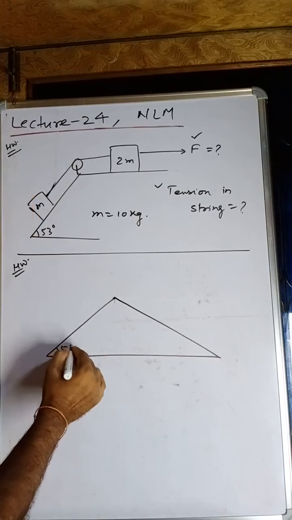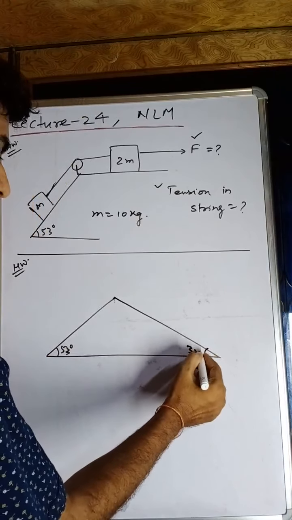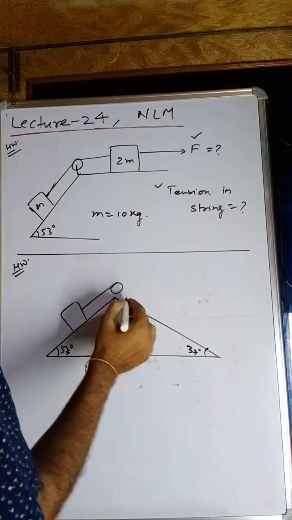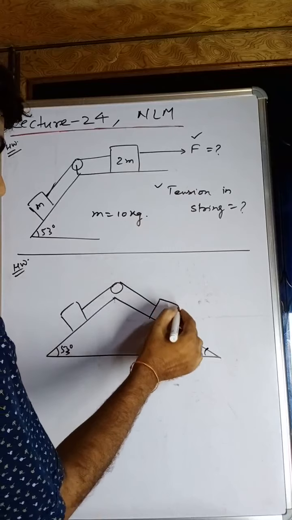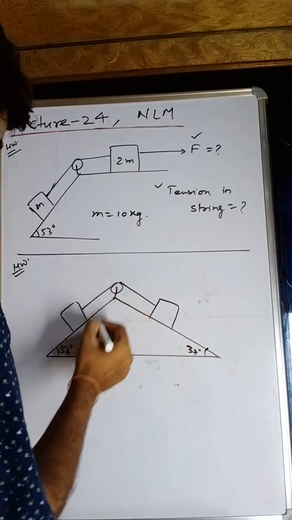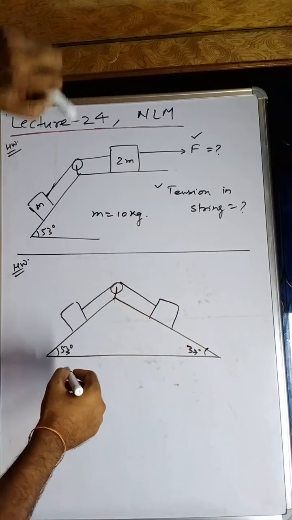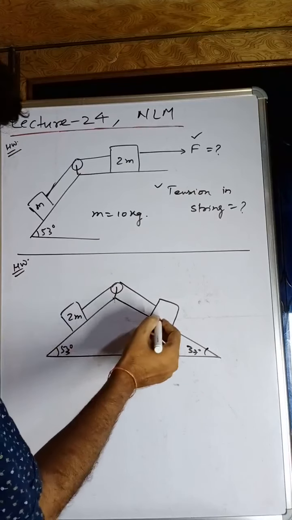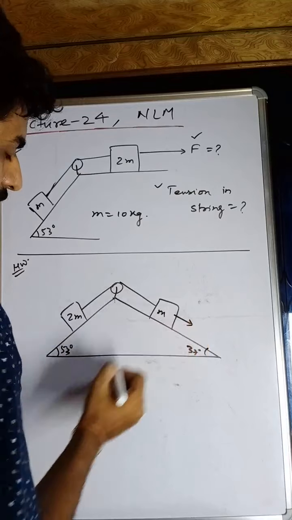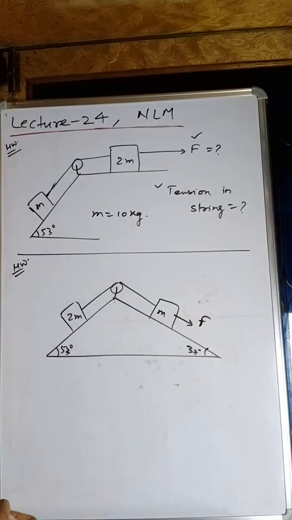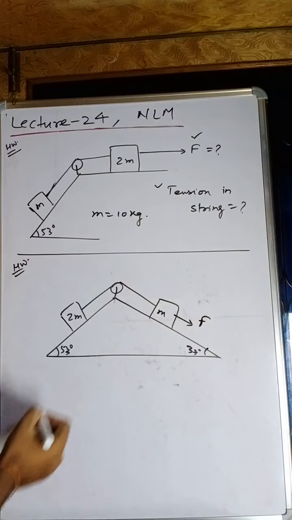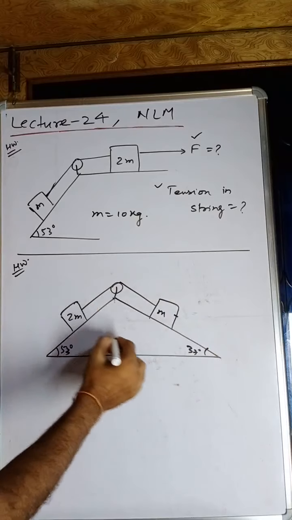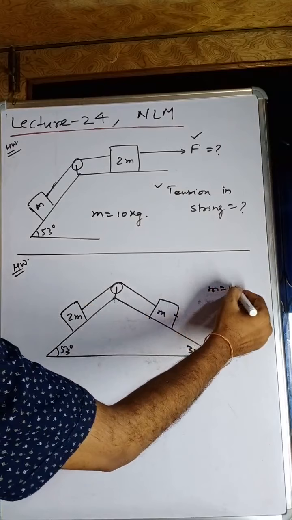This is 53 degree and this is 37 degree. It is 2M and it is M, and F. M is 10 kg.